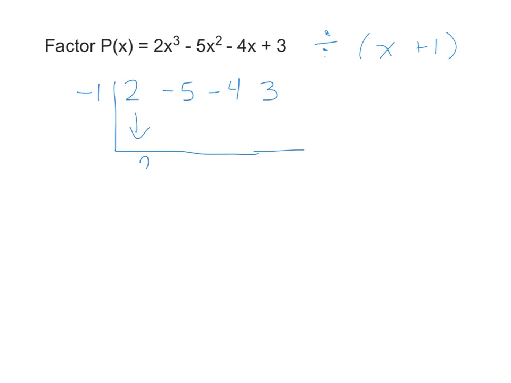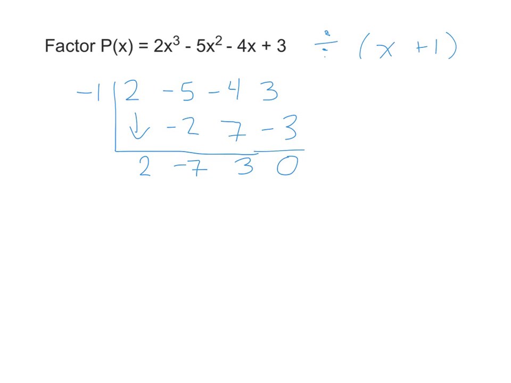Bring down that 2. Multiply. Negative 2. Add. Negative 7. Multiply. Add. Get 3 multiplied, negative 3, and your remainder is 0.